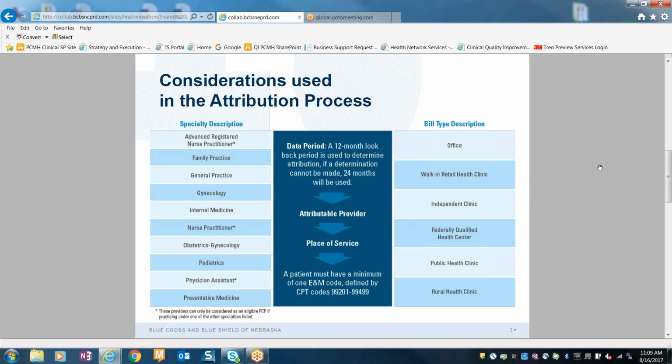That visit would not be eligible for attribution because of where the services are being provided, because we wouldn't consider an urgent care clinic a primary care setting. Or let's say it's an internal medicine doc who's providing services. He's moonlighting in, let's say, an emergency room somewhere. Those services would not be considered under our attribution logic because it's not meeting all three sets of criteria in terms of the specialty, the CPT code, and where the services are being provided.